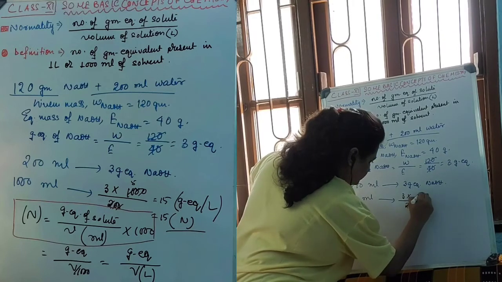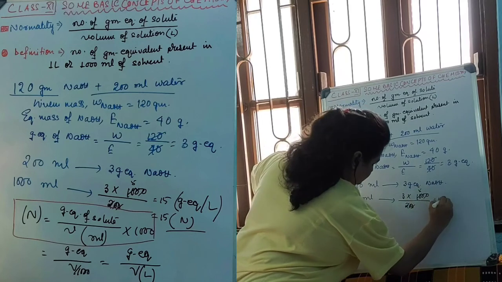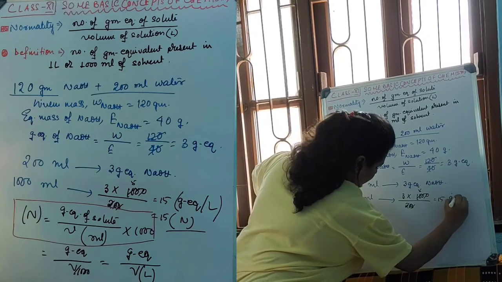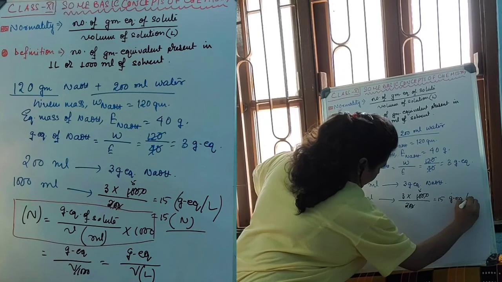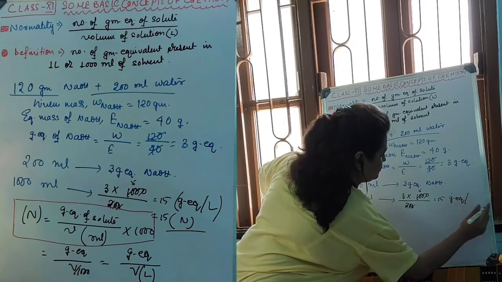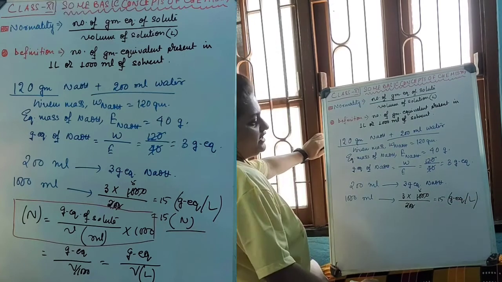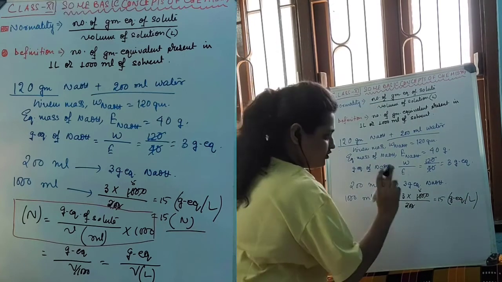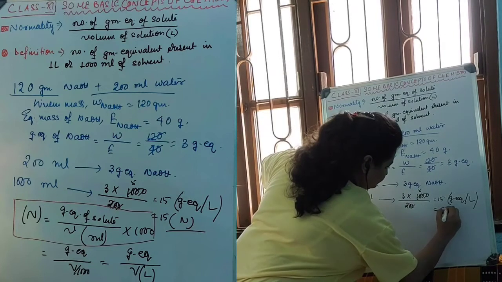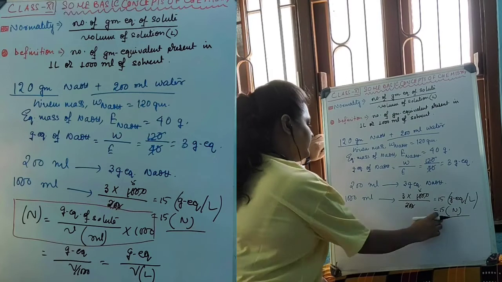By doing the calculation, we will get 15 gram equivalent per liter, or 15 normal. This is the basic concept of normality.